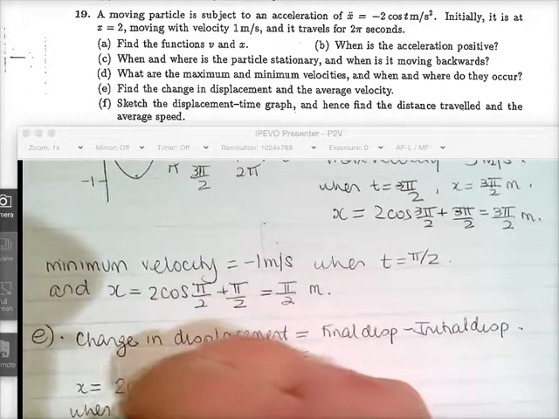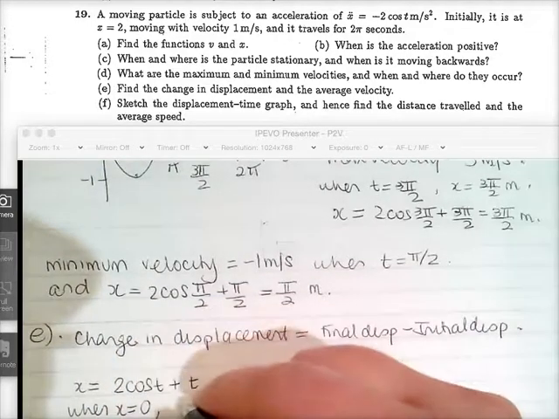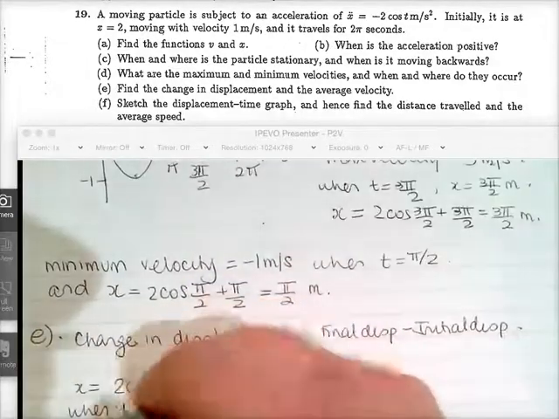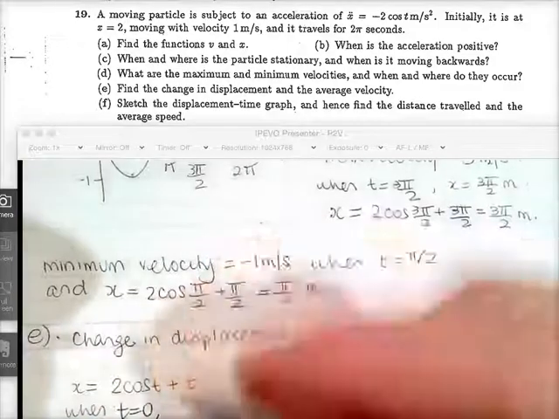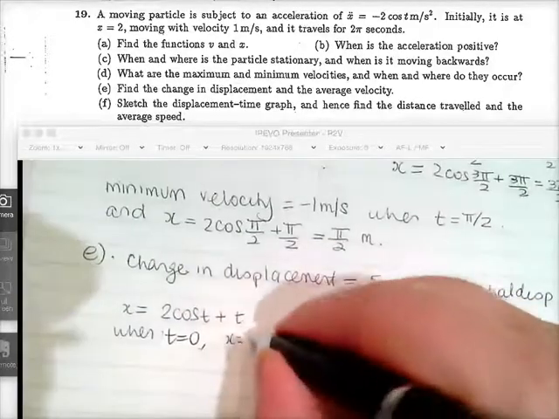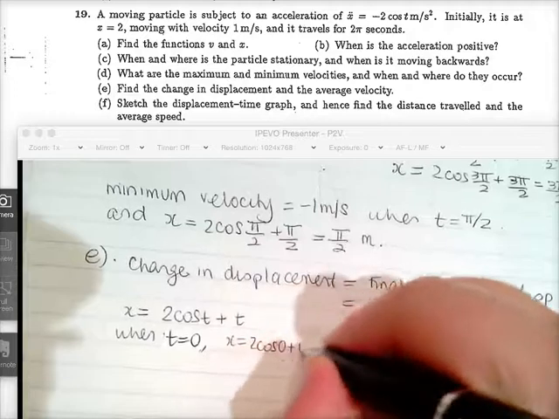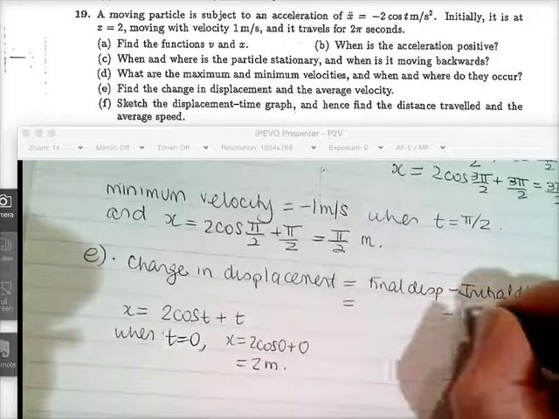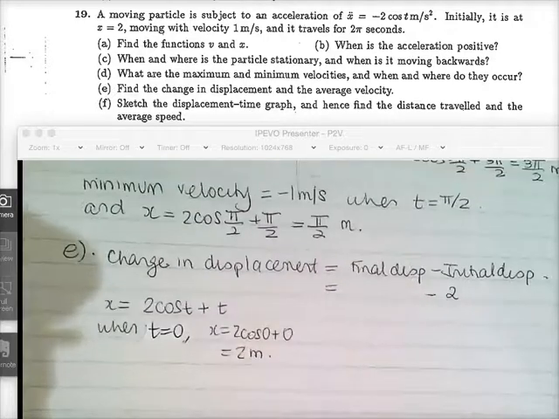So when t is 0, where is the particle? x equals 2 cos 0 plus 0, which is 2. So the particle's at 2 meters initially.